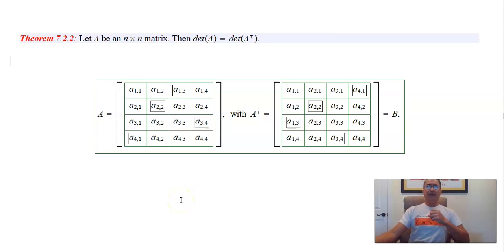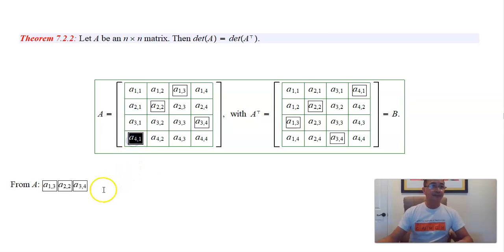So why is the determinant of A transpose, which we will call B, exactly the same? This is one term in our original determinant. From A, we have the term A13, A22, A34, and A41. And we still have the sign of sigma.